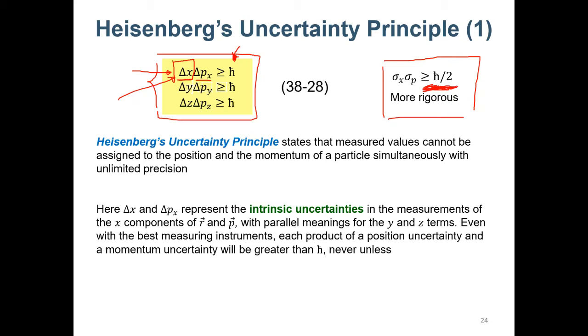For the next case, if you measure the momentum first and then you measure the position, then the result will be different, which means that when you try to measure it, you really disturb it.